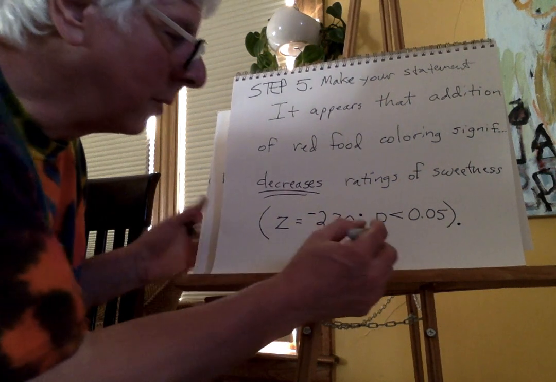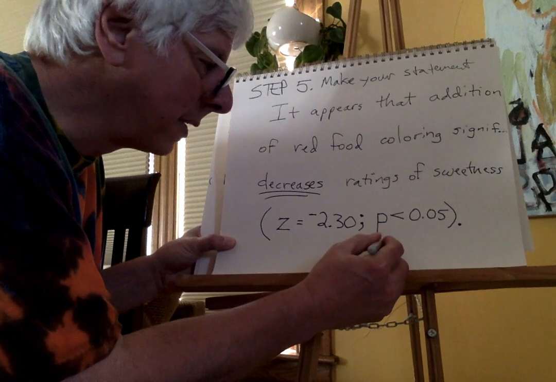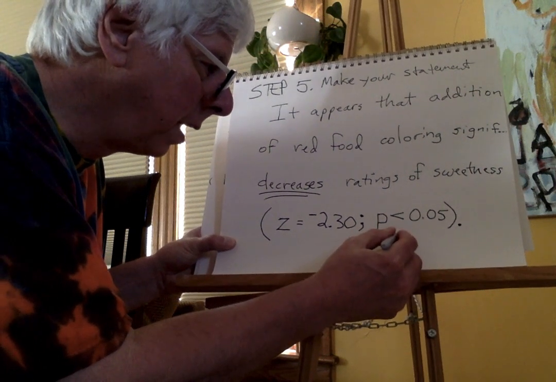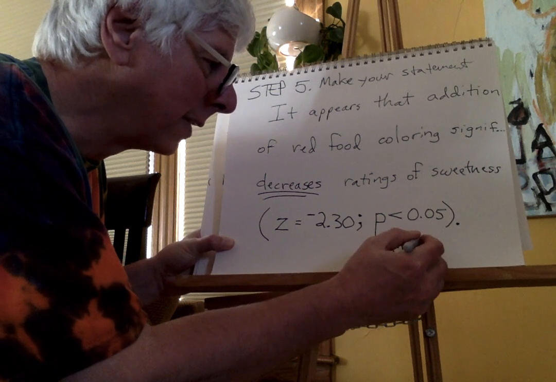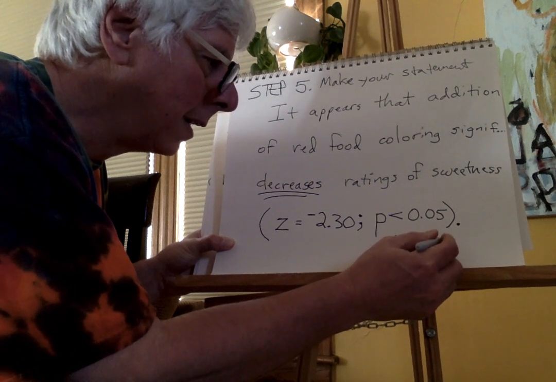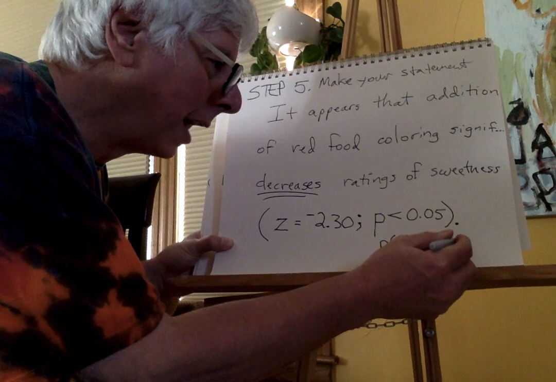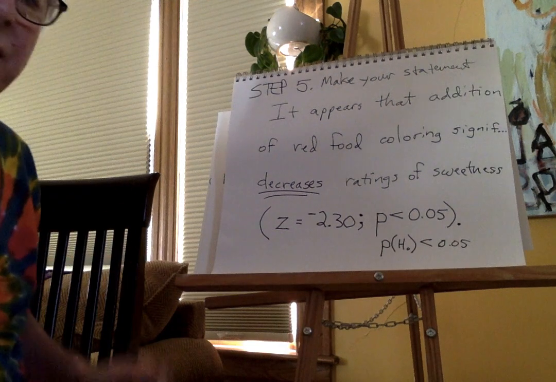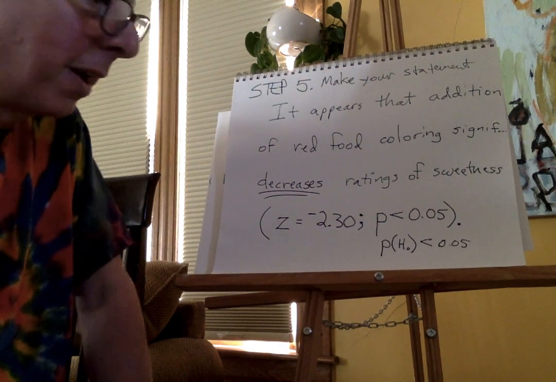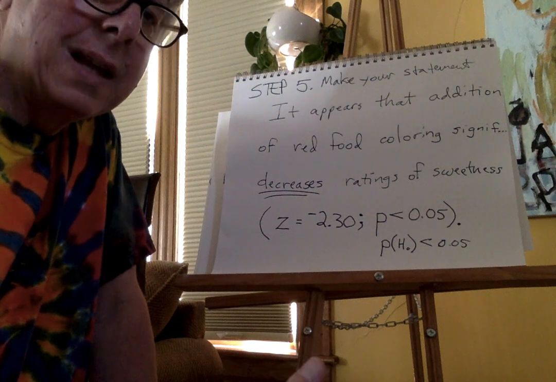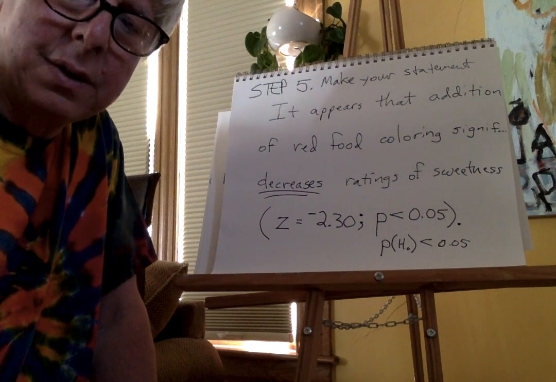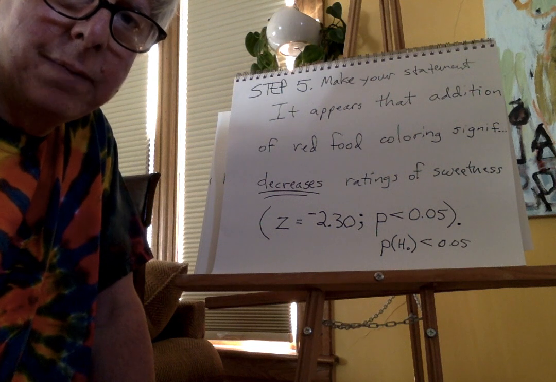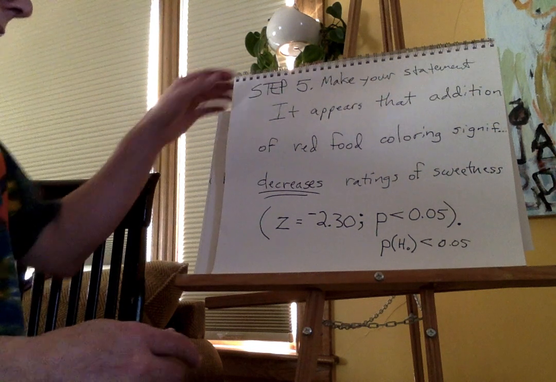But I'd like to say the probability of the null hypothesis is less than 0.05. That's sort of a quick and dirty way to think about it. The probability that the null is true is less than 5%. Okay? And there's a reason for that.